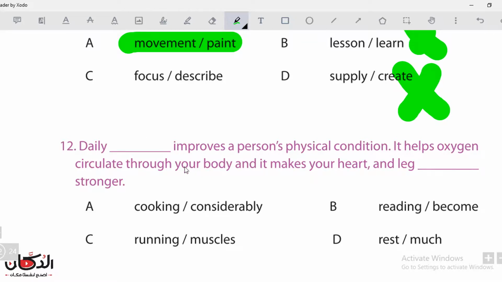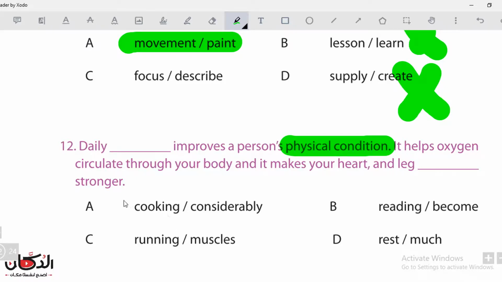Daily what? Maybe daily cooking, daily running, daily reading, daily rest. All of them are correct. So you have to complete: improves a person's physical condition. Okay, all of you love physical education classes. So what improves your physical condition?